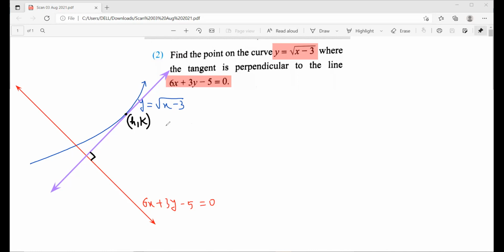Now, if you compare this question with the questions that you solved earlier, you would be thinking that this is a totally different question. But you will notice that the ideas we are going to work with remain the same. Here they're asking me the coordinates of this point, and I assume the point is h comma k. So I have now got two unknowns, h and k.